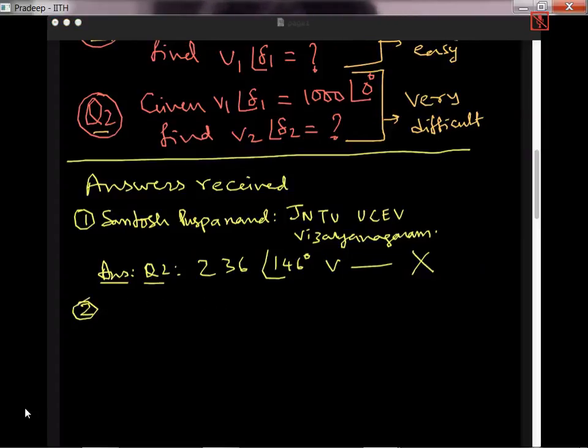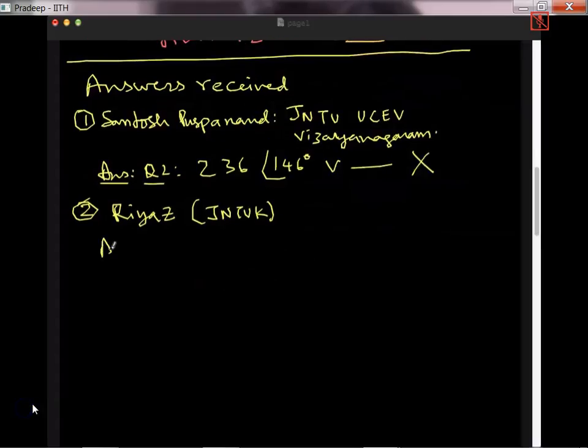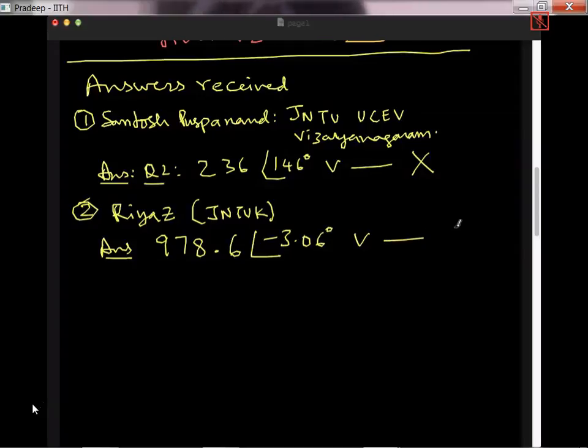Another answer I received is from... given is 978.6 at an angle of minus 3.06 degrees. So this is also a wrong answer.